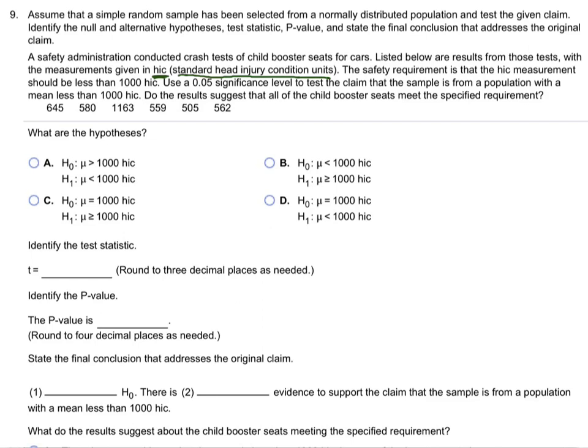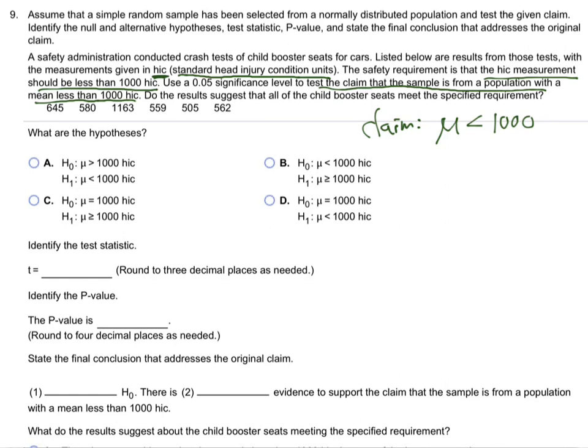Never heard of it before today myself. All right. The safety requirement is that the HIC measurement should be less than 1,000 HIC. Use the 0.05 level to test the claim that the sample has a mean less than 1,000 HIC. So the claim: less than 1,000 head injury condition units.